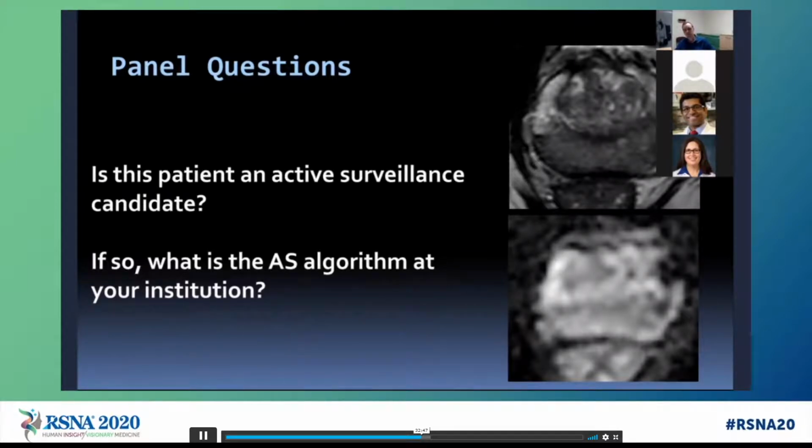And that confirmatory testing ideally will be employed within the first 6 months of their diagnosis of either low risk or favorable intermediate risk prostate cancer. And that can include either an MRI, a repeat biopsy, or a genomic classifier, which can provide some additional information regarding the genomic potential of that specific tumor.